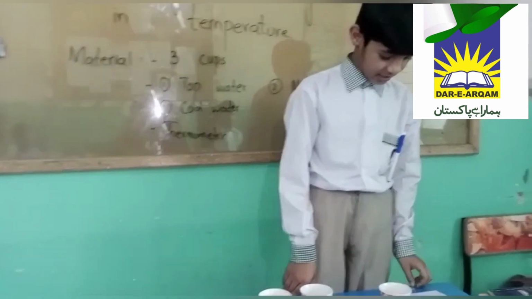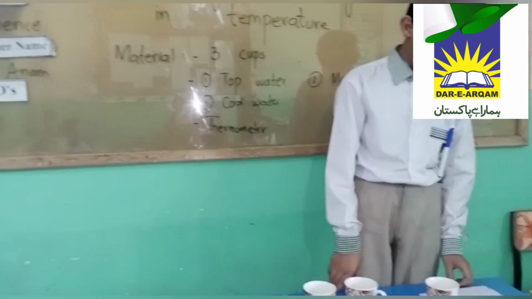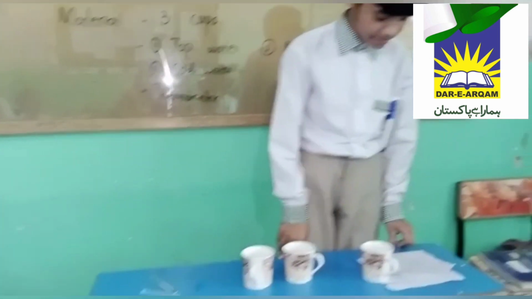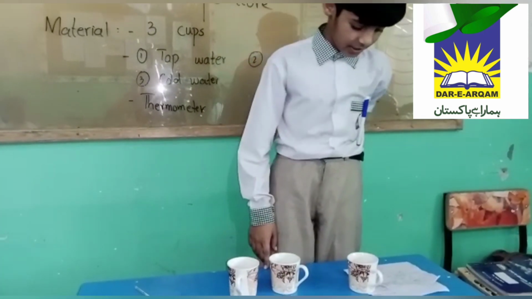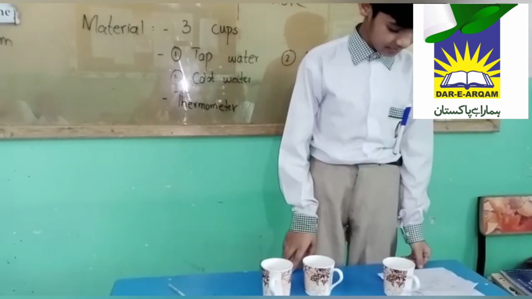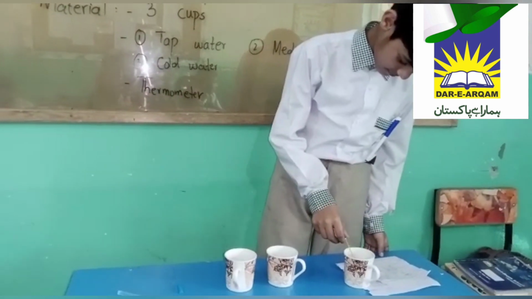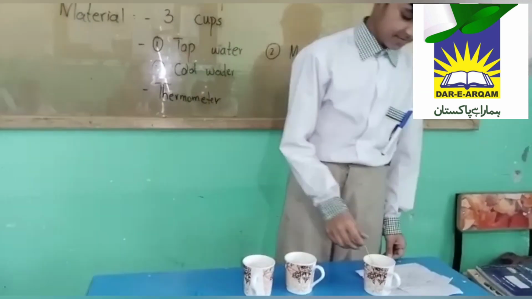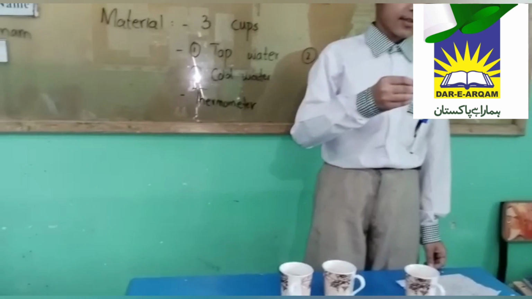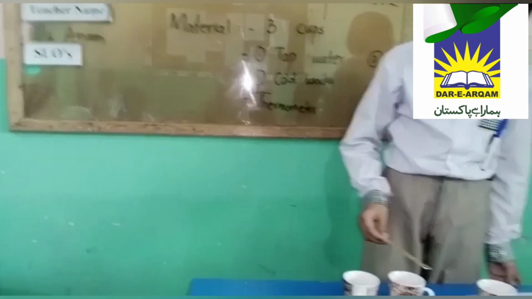We have first cup having tap water, second cup having medium cold water, third cup cold water. First cup has 30.